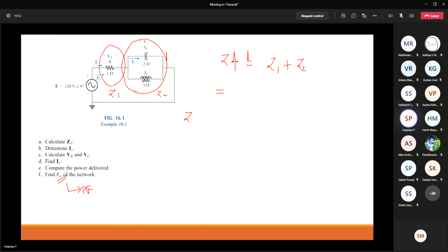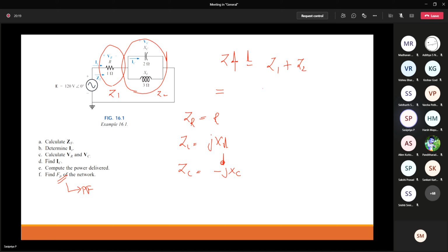Can anyone tell me? When you have a resistance, the equivalent impedance is just R. When you have a simple inductance, the impedance is j into XL. When you have a simple capacitor, the equivalent impedance is minus j into XC.